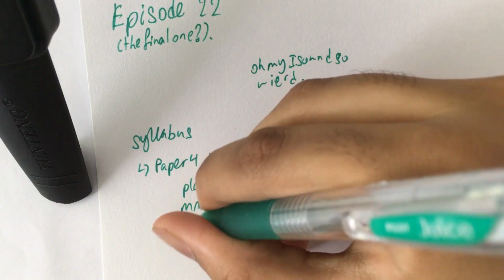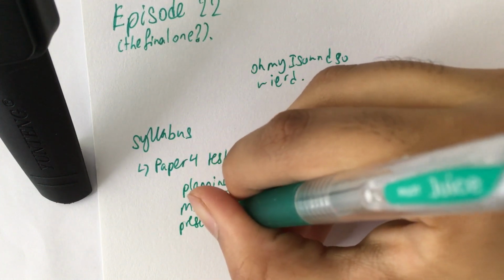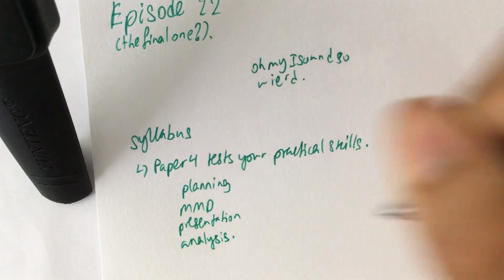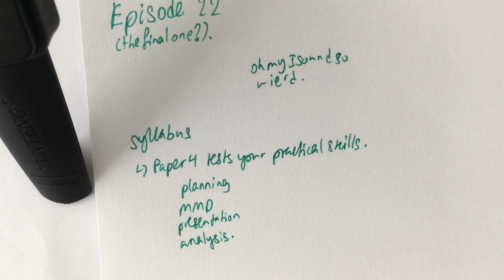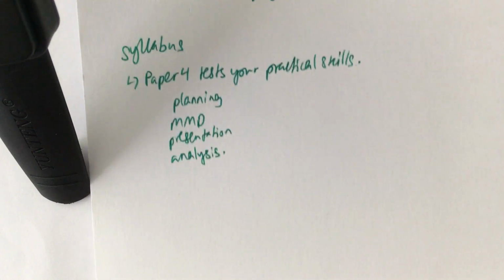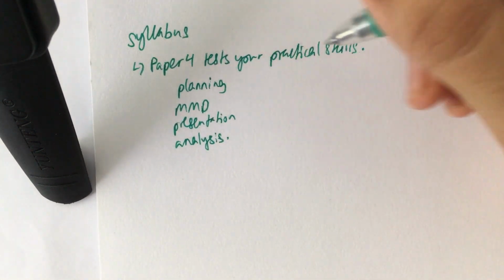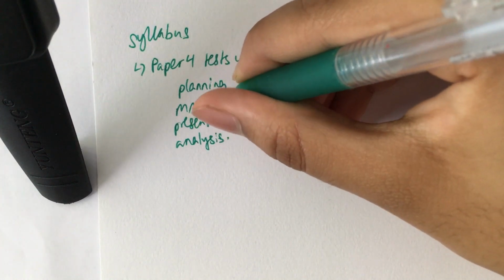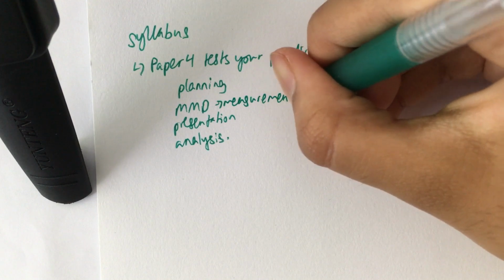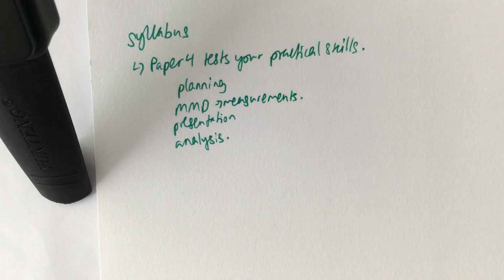The planning is referring to that question at the back where you have to write a plan and also draw some stuff. And the other stuff is what you do during your experiments. We'll be going through these in more detail later on when I mention what you need to take note of.